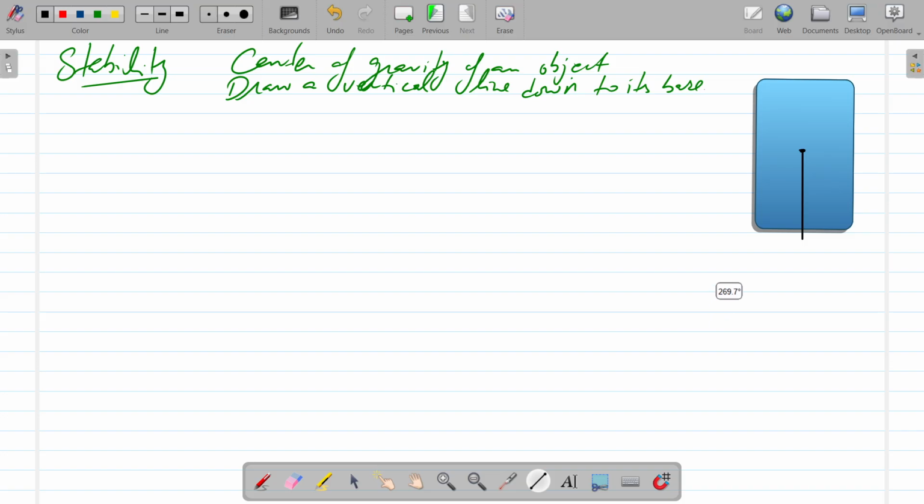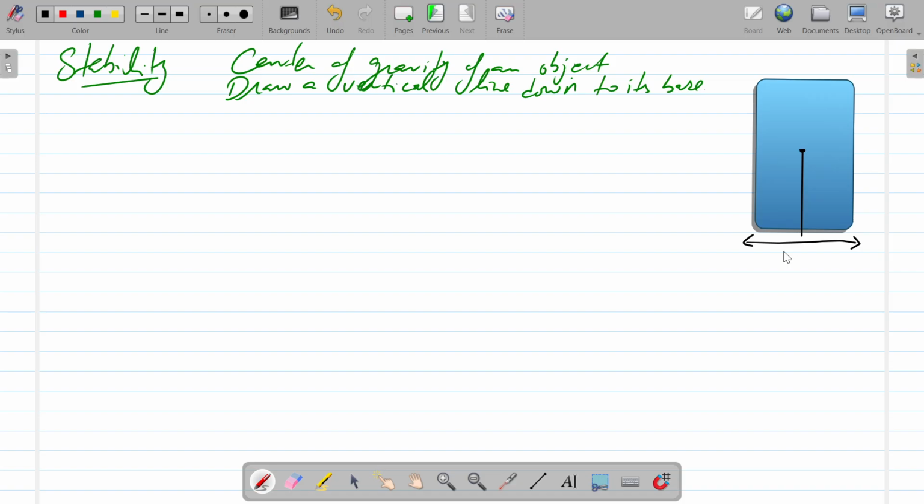Okay, now if this vertical line from the center towards the base is falling within the area that is enclosed by the base of the object. Now we've taken a rectangle for ease of understanding.